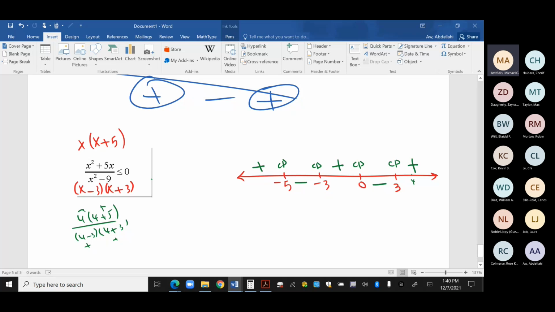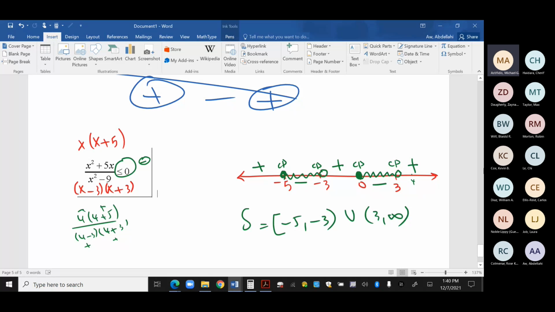And now my solution is where I see a negative sign, so I see minus here, right? And negative 3 and positive 3 cannot be included because they make the denominator 0. These two are included. So the solution is negative 5, comma, negative 3, union 3, comma, infinity. All right?